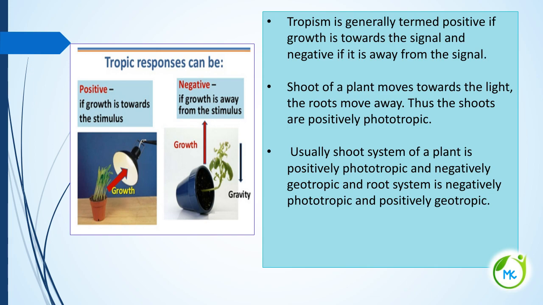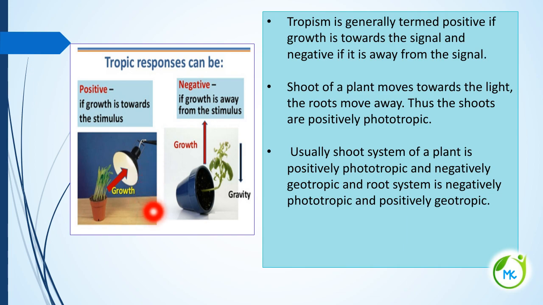For example, the shoot of a plant moves towards the light. So the shoot of a plant goes towards the light. So towards the stimulus means positive phototropism.